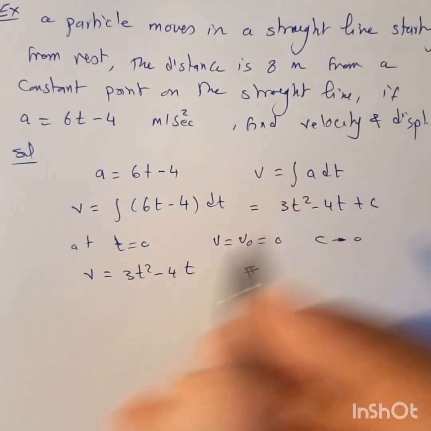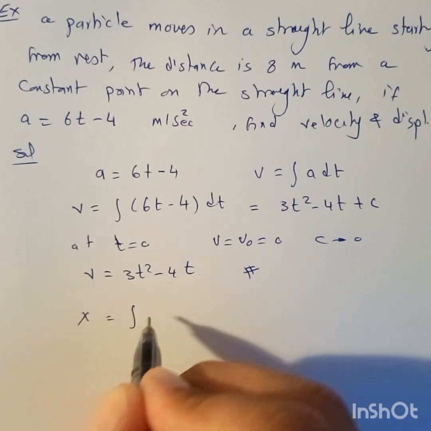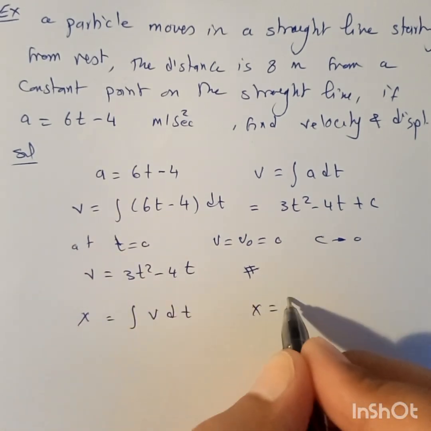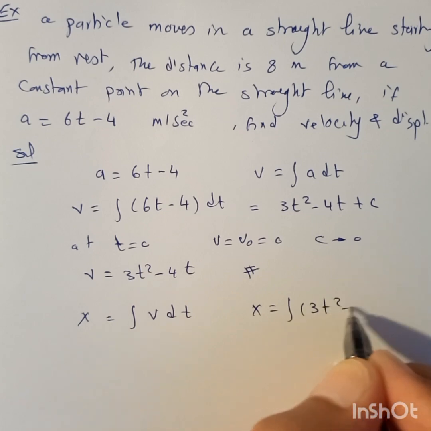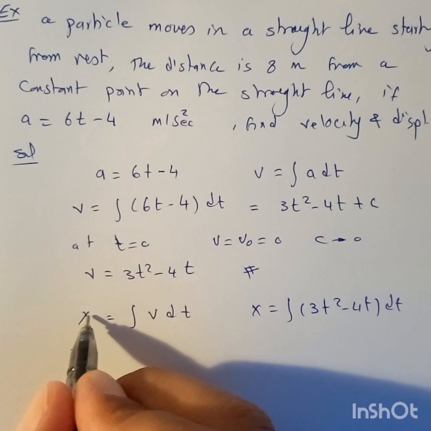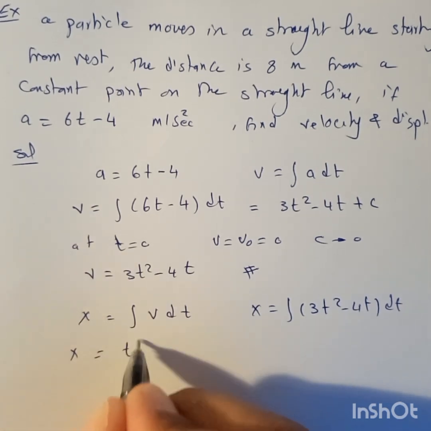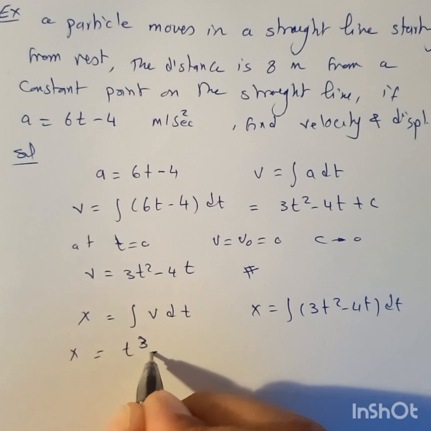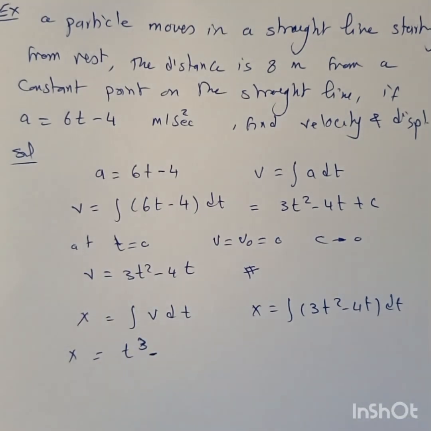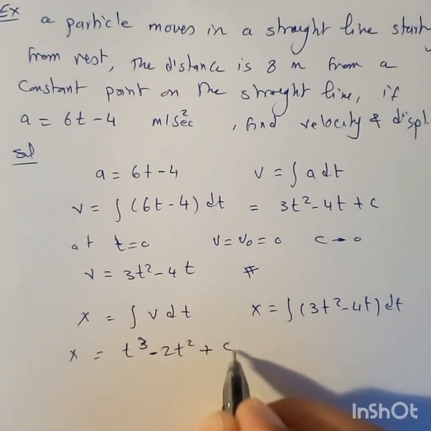To find the displacement, also we have x equals integral of v dt. Then x equals integral 3t square minus 4t dt. And x, or displacement, x or s, equals t power 3 minus 2t square plus c constant.